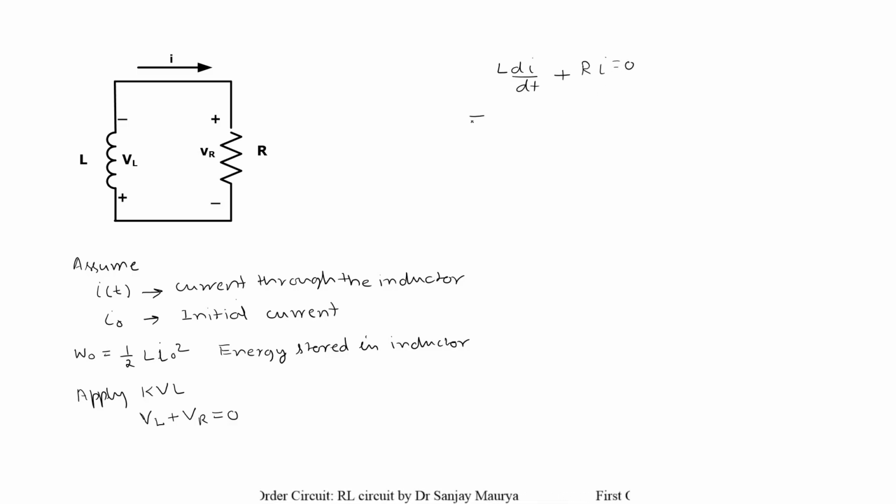Now I am going to rearrange this equation, so I can write di by dt plus R by L into i is equal to 0.